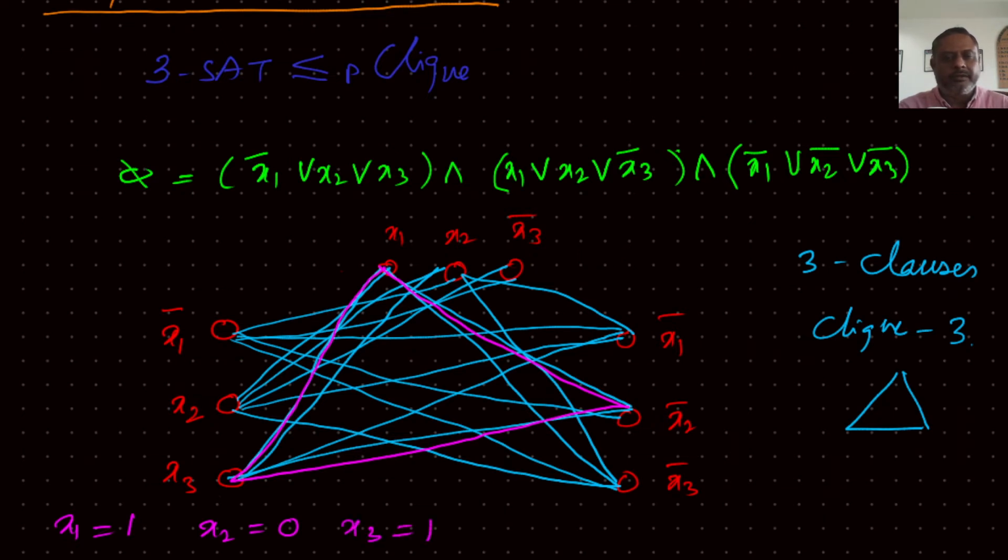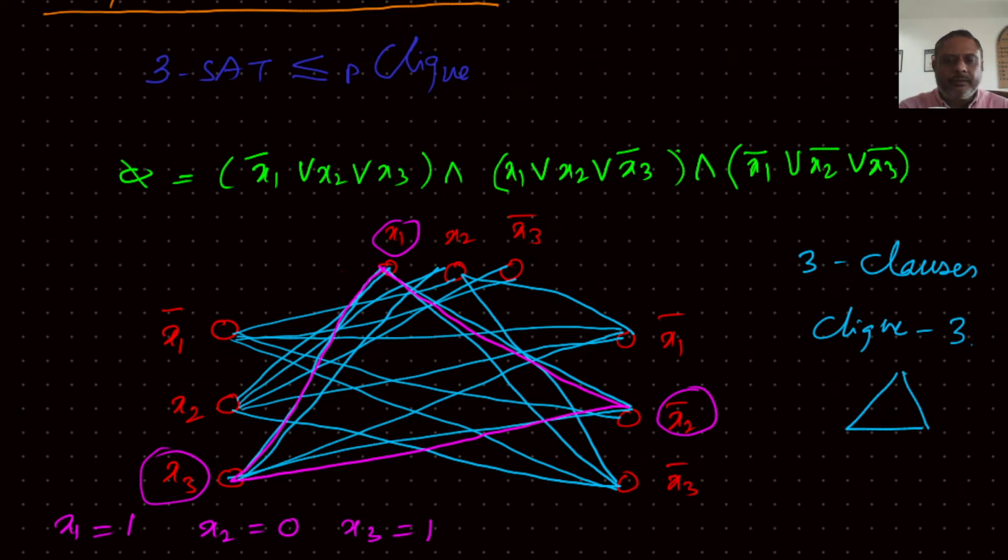This talks of this node, this node and this node. We can have many such possibilities.